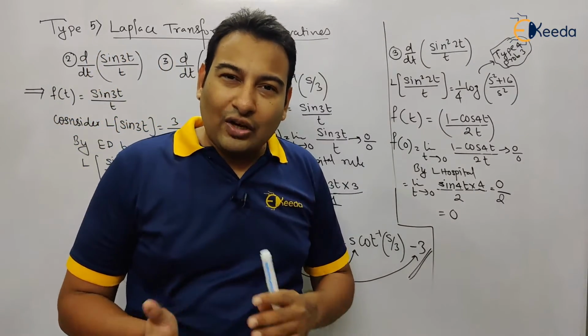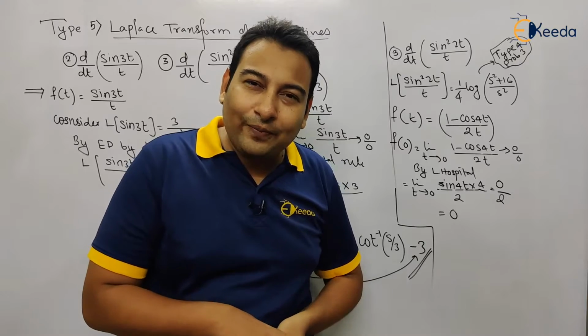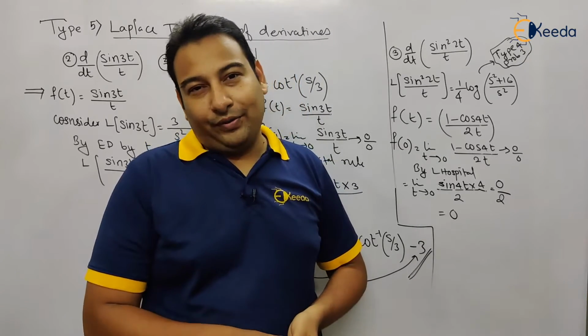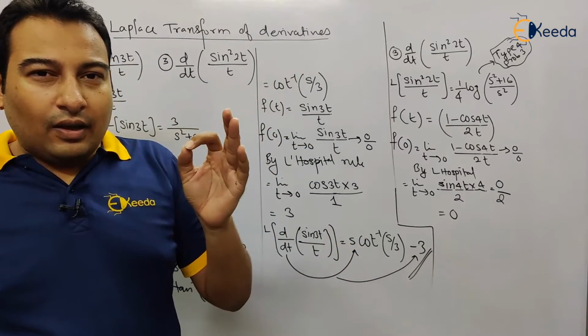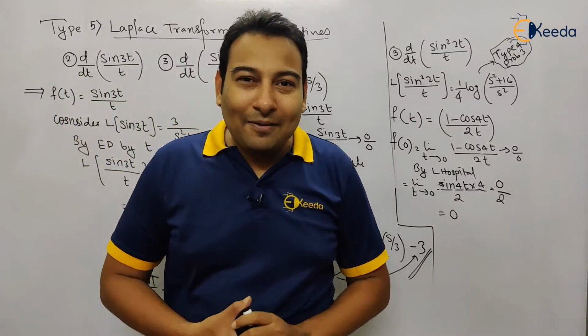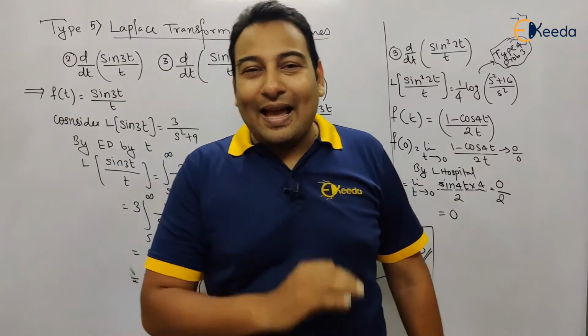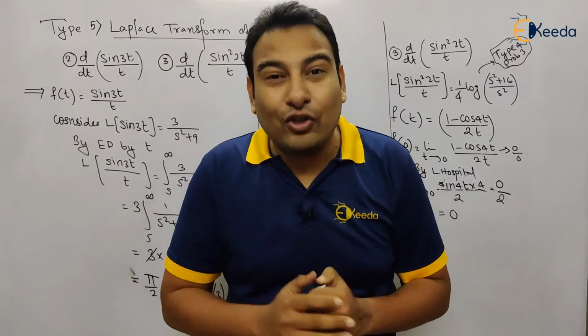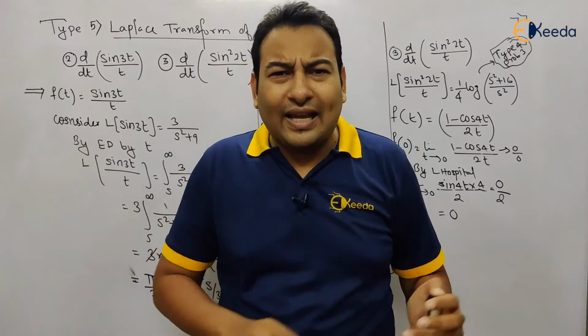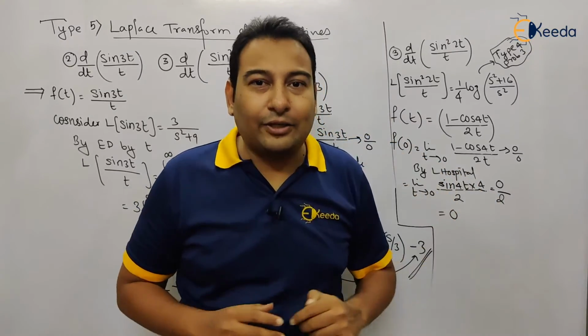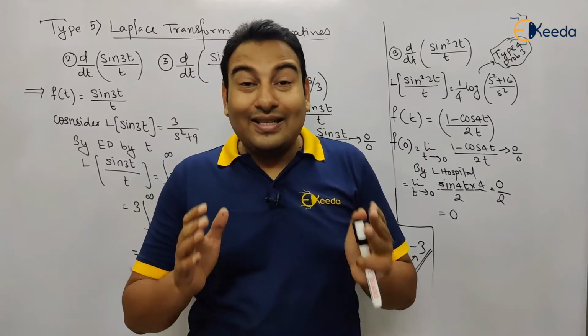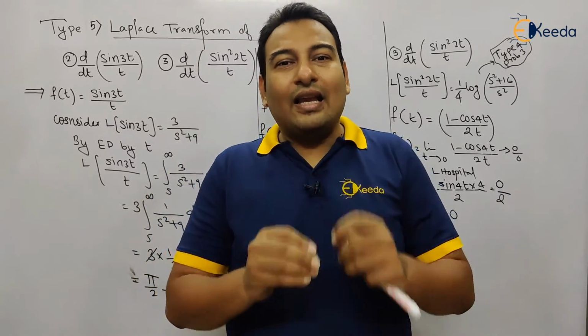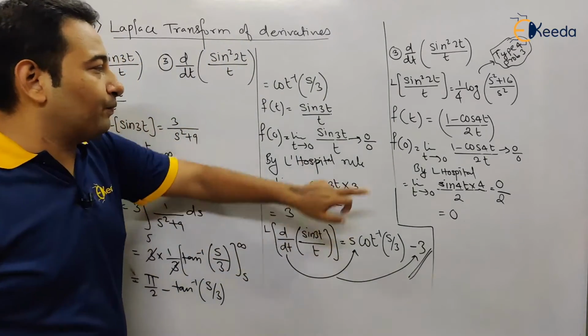Please tell me, shall we proceed with L'Hospital? Yes or no? No. Why? When is L'Hospital applicable? L'Hospital is applicable if we are getting 0 by 0 or infinity by infinity, any result which is not finite. If the result is not finite, then we apply L'Hospital's rule, like here 0 by 0.